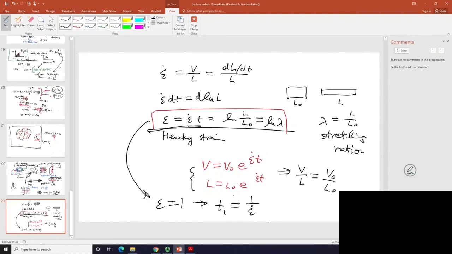And epsilon equals 1 is, by definition, log lambda is 1, and that is lambda is about e, which is about 2.7.